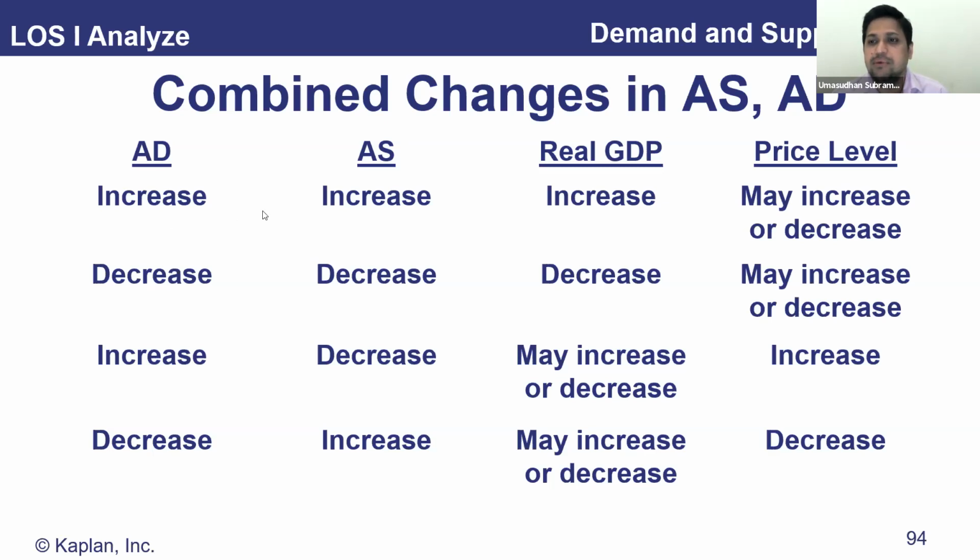Both are increasing. Demand is increasing, supply is increasing, GDP goes up. But prices may increase or decrease, depending on whether your AD is increasing more or AS is increasing more. You cannot really tell. But if you know that AD is increasing more than AS, then what will happen to your prices?